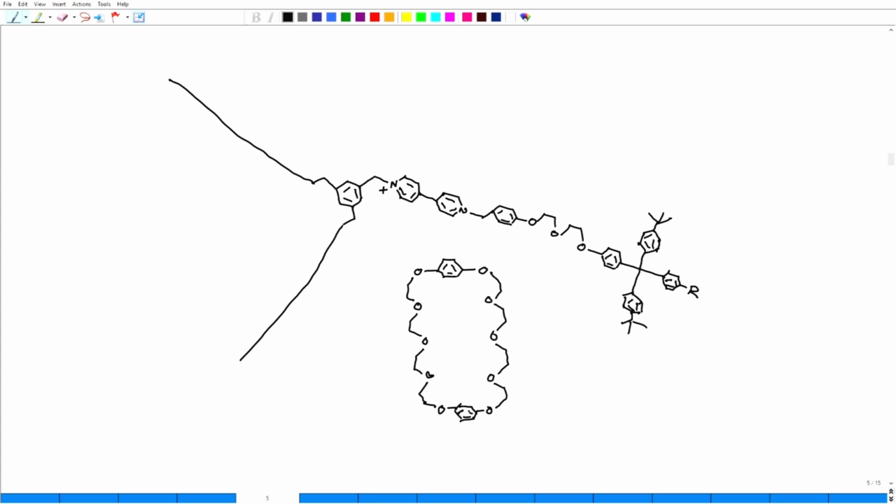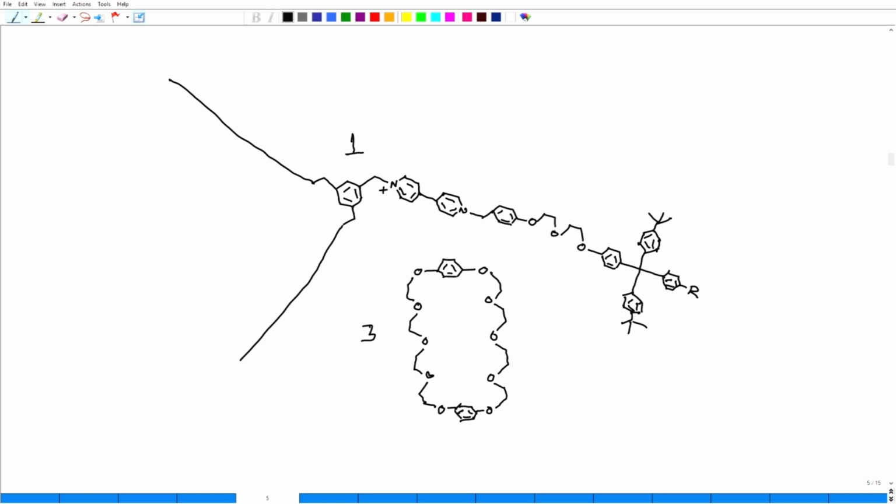So, if we cook this one with this one, this is 1 equivalent and this is large, say 4, 5 equivalents, a large excess. Here I will write 3 equivalents just for the sake of writing something.